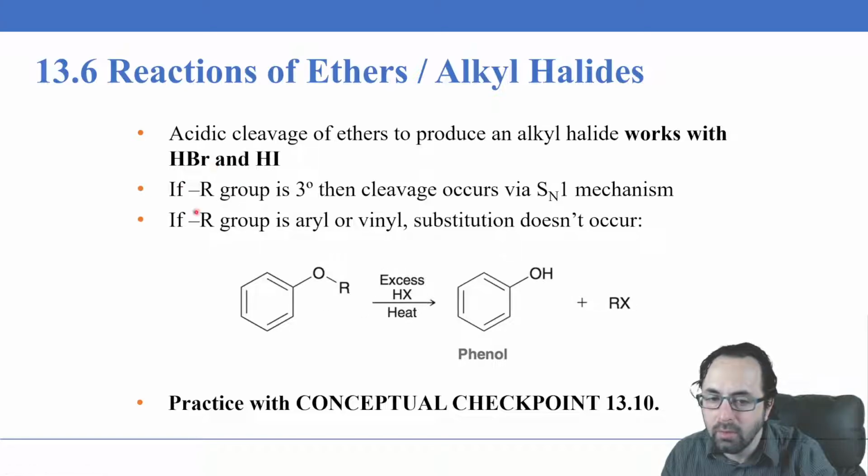If the R group is tertiary, then the cleavage is going to occur by an SN1 mechanism. If the R group is aryl or vinyl, you can't do the substitution, because you'd be making a very unstable aryl or vinyl carbocation, and so it's not going to happen. So yes, you can do it with methyl, primary, tertiary.